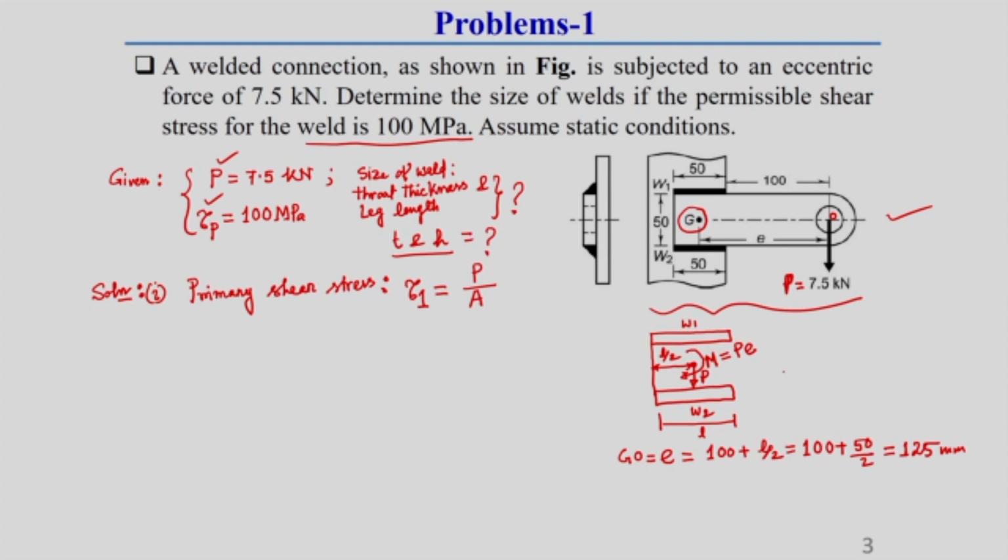Due to this load P, as I discussed in the last lecture, in the weld there will act a uniformly distributed shear stress, that is called primary shear stress, whose direction is generally opposite to the direction of what?